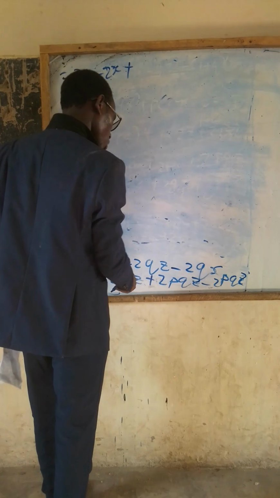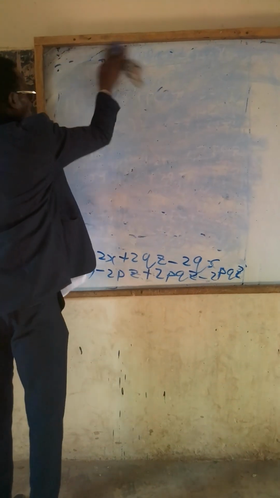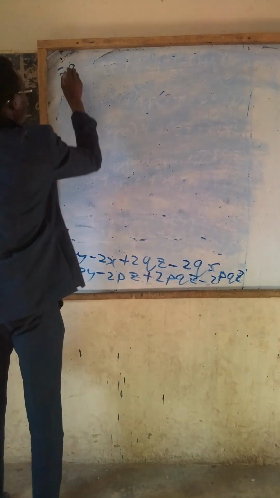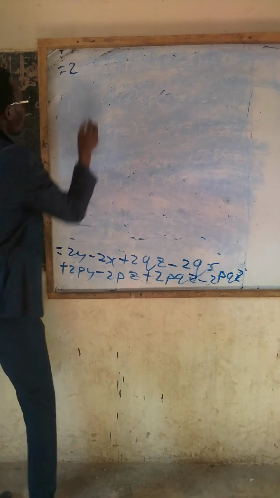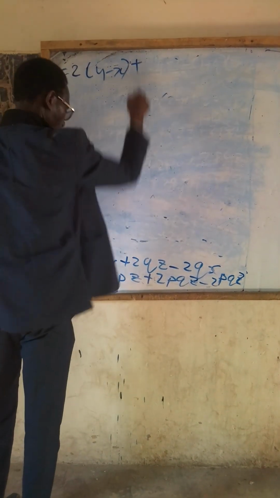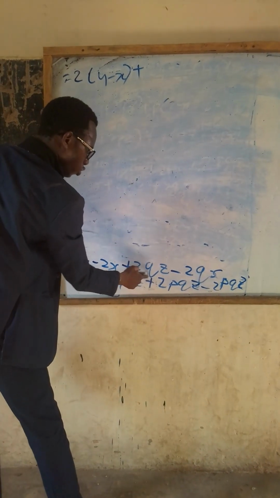Is there anything common in both of them? There's something common between 2y and minus 2x, which is 2. Let's factor out 2. When we factor out, we get y minus x. Now let's come here. What is common between this and this? We have plus 2q.